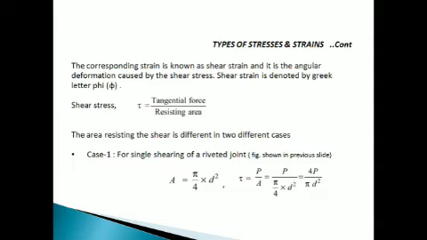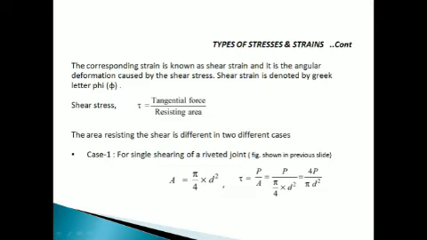This area is going to be sheared off, and the shear stress on the rivet cross section tau is given by P by A, which finally results in 4P by pi d square.